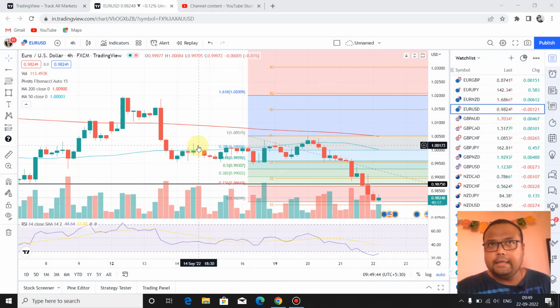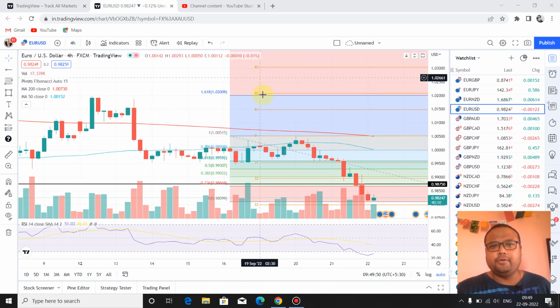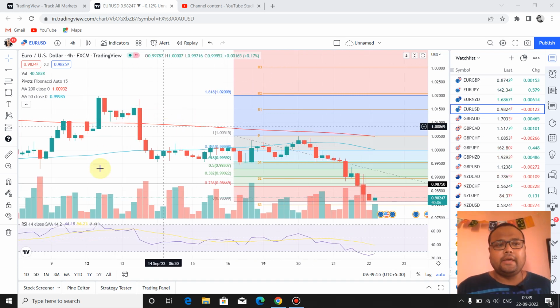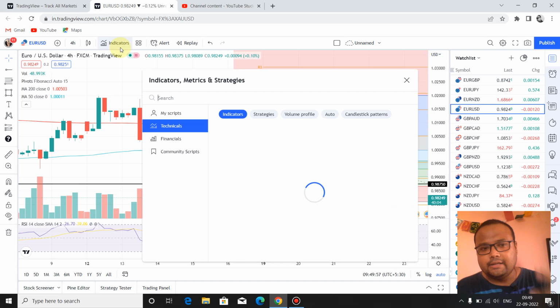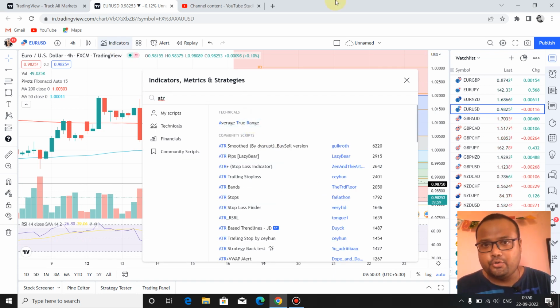And yeah, I would like to add one more thing. If you're confused regarding the stop loss, if you're not sure what stop loss you should be using, in that case you can simply use the indicator called ATR, average true range.